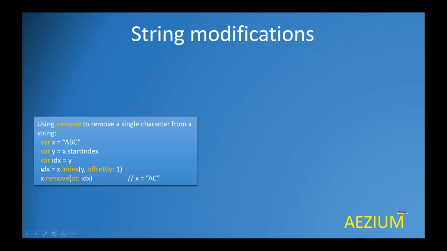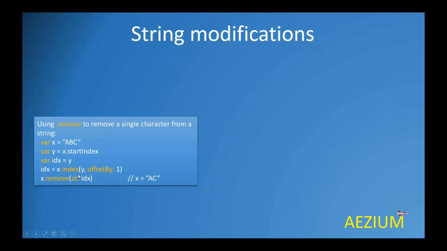And now we have the index that we want to use to remove the character from our string. So ABC here is our string. The index was evaluated to be equal to 1. So using this arrangement, x, which is the name of our string variable, dot remove, a keyword, parentheses, at, again another keyword, colon, and we use the index that we evaluated before, which is 1.